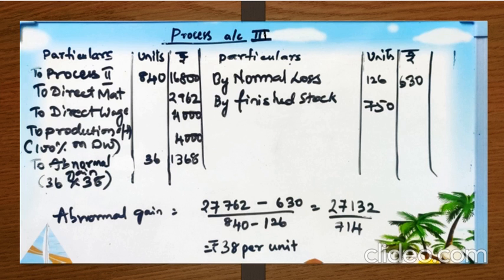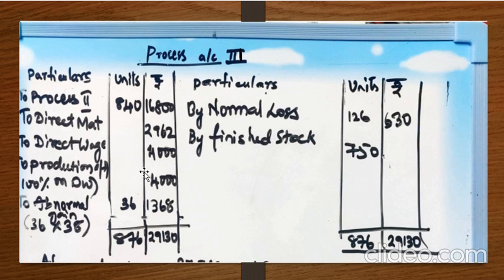Now you need to find out how much is the difference. So we will total up, you will be getting the difference. When you total up your input, your number of units will tally for both because you have set up here by getting your abnormal gain. So 876 and 876, and you will total up your cost and your abnormal gain: 16,800 plus 2,962 plus 4,000 plus 4,000 plus 1,368.